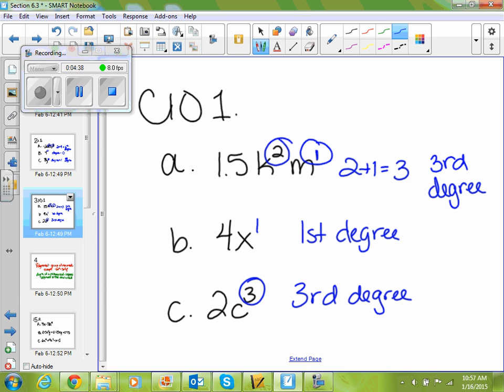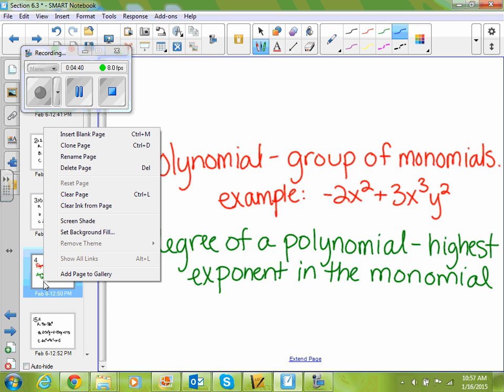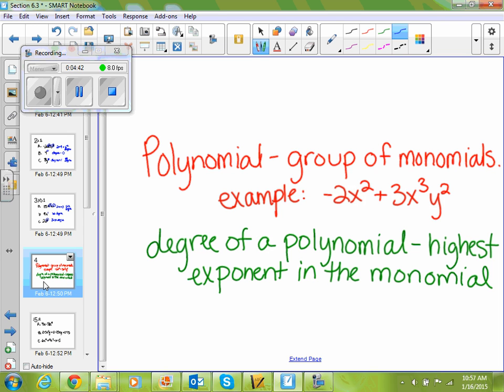Okay, so monomials are super easy. The other term that we're going to look at today is polynomials. A polynomial is a group of monomials. So it's terms that are separated by pluses or minuses. Poly is the root word for many, so this means many terms.